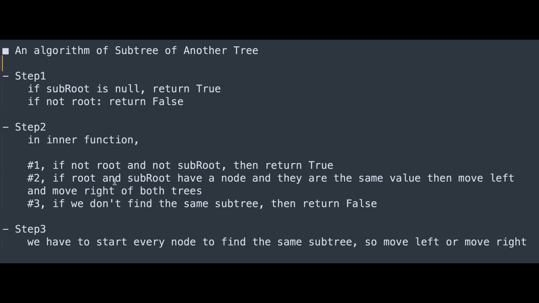If root and subRoot have a node and they have the same value, then move left and move right of both trees. If we don't find the same subtree, then return false. Step 3, we have to start from every node to find the same subtree, so move left or move right.